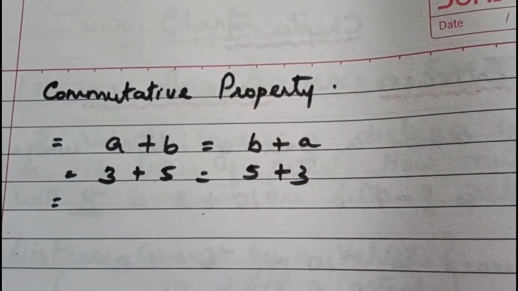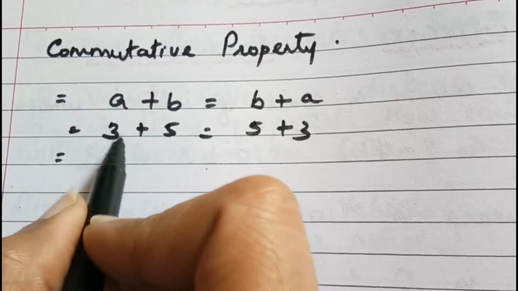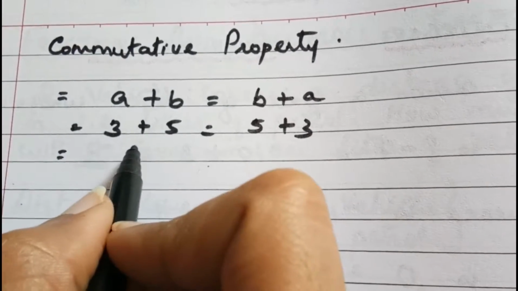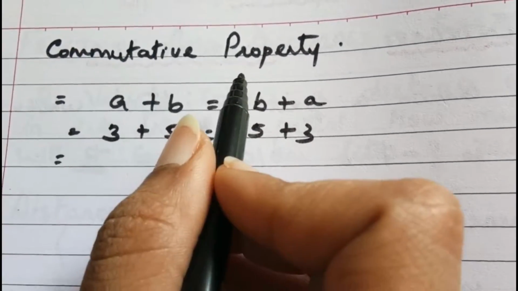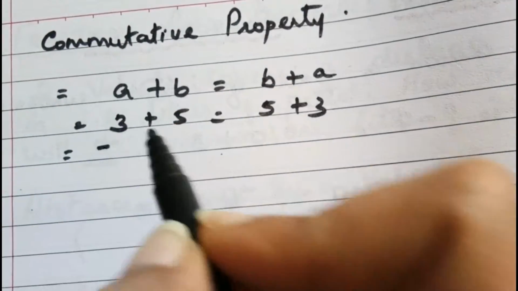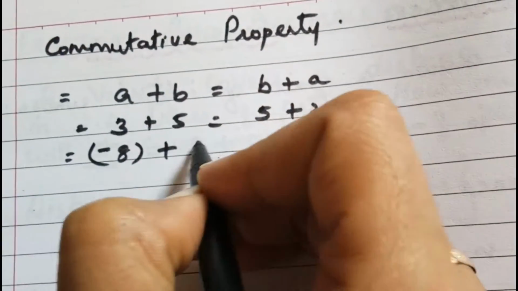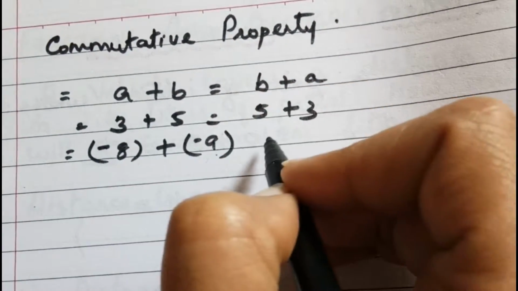Now if we take the case of negative integers, because we are adding, in that case addition can be called the commutative property. Now say for example in the case of negative integers, minus 8 plus minus 9.